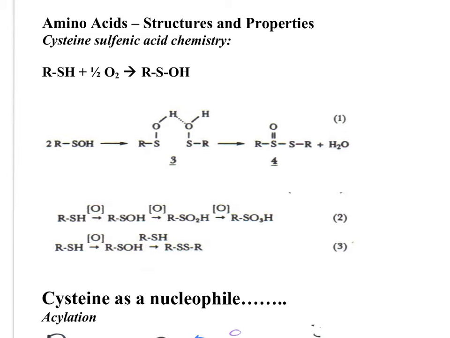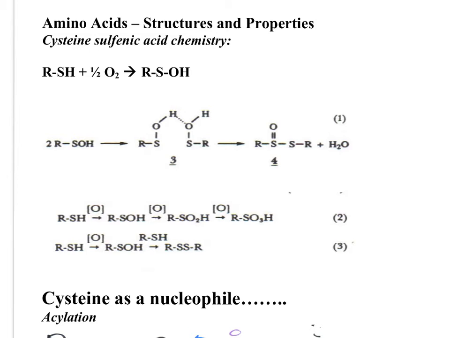So I alluded earlier, a short time ago, to this thing called a sulfenic acid, and what you see here is a sulfenic acid. It's like a sulfur attached to an alcohol group, so it's SOH. And this is a very short-lived, transient, reactive molecule that can go to several fates depending on its environment.